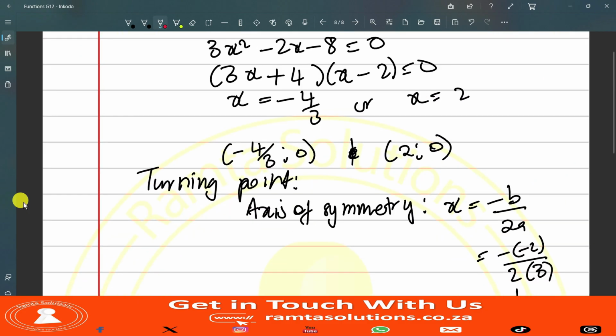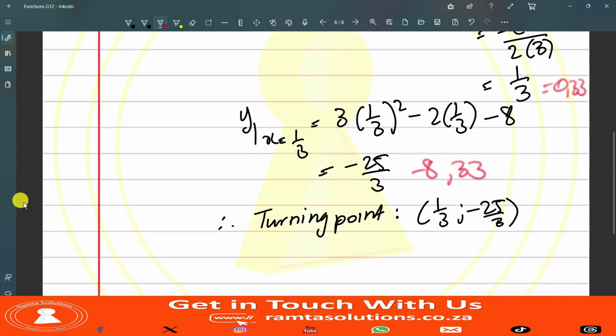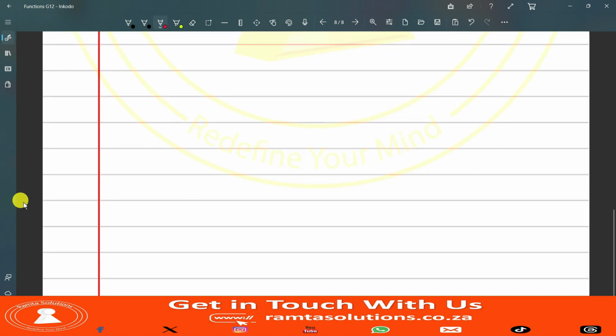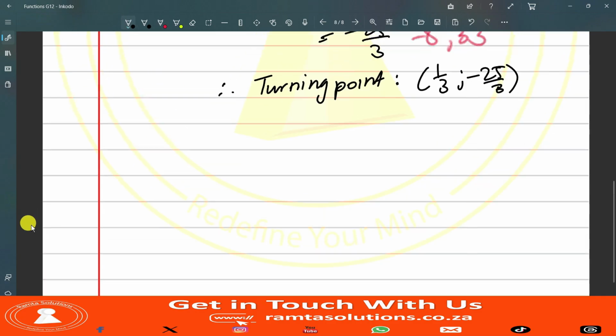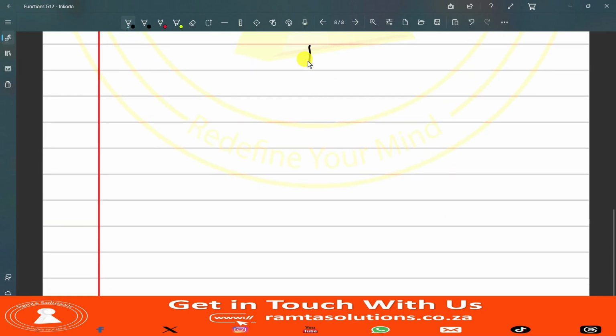We have almost everything we need. So here our y-intercept was negative 8. All right, no worries. I think we are headed somewhere. Now let's see. Negative 8.